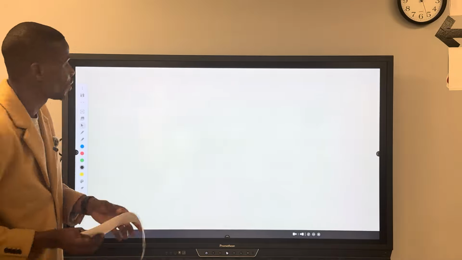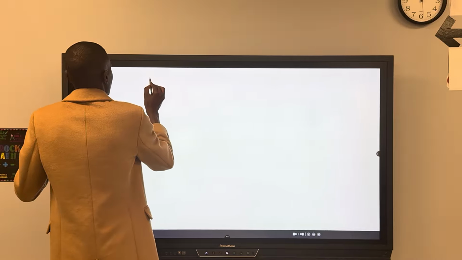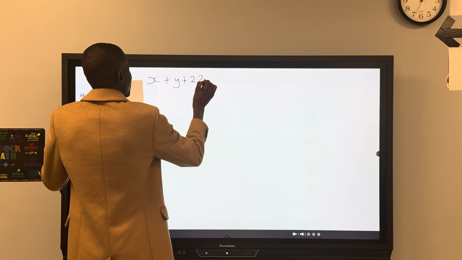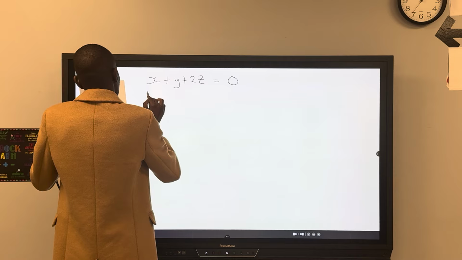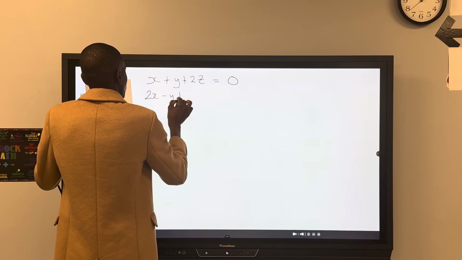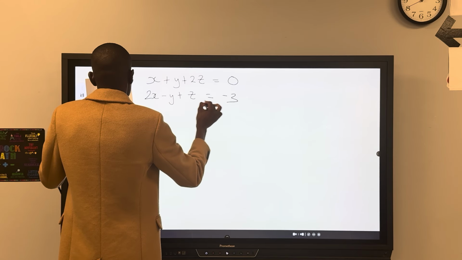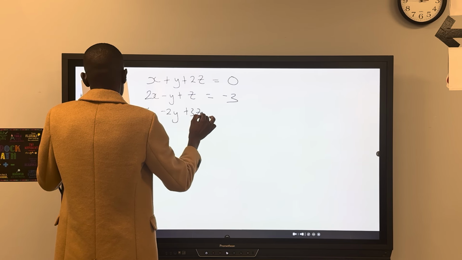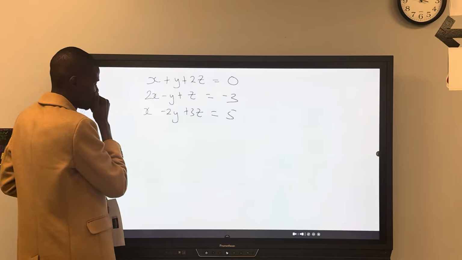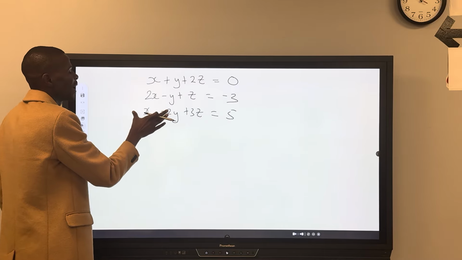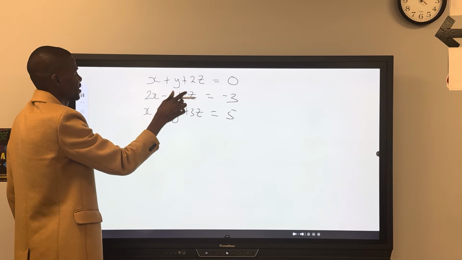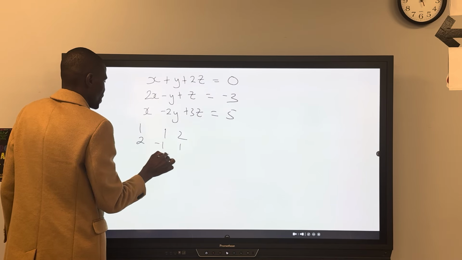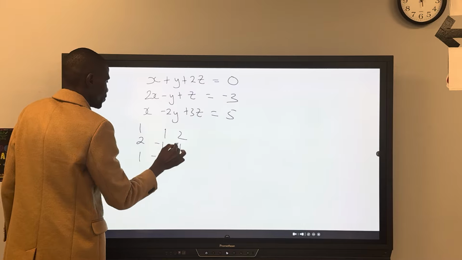We have our equations: x plus y plus 2z equal to 0, 2x minus y plus z equal to -3, x minus 2y plus 3z equal to 5. What we're going to do is pre-multiply by the matrix of the coefficients. So the coefficients are 1, 1, 2, 2, -1, 1, 1, -2, 3.